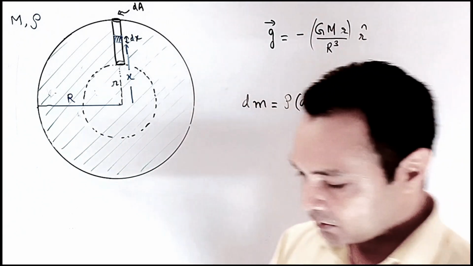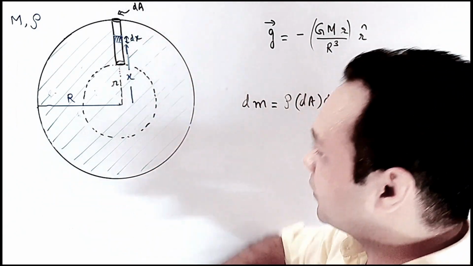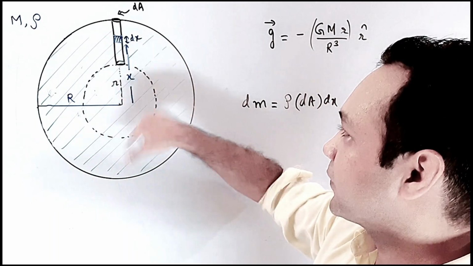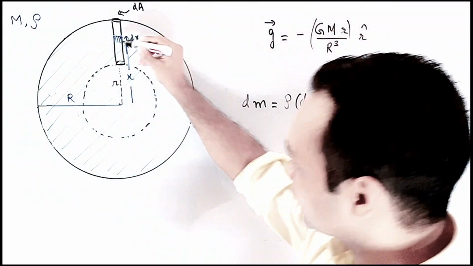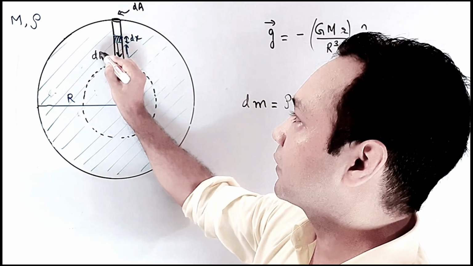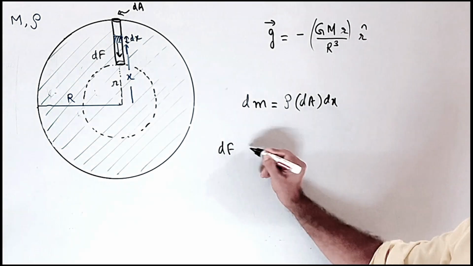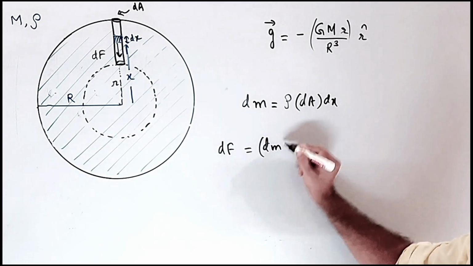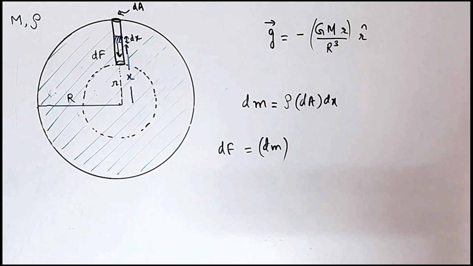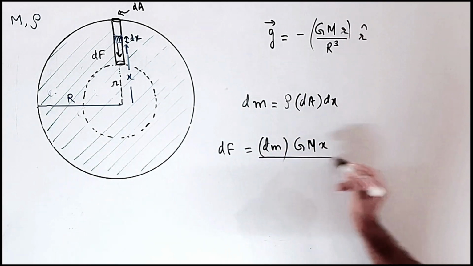So the force on this part, because of this whole central sphere of radius small r, I am writing as dF on the little part of length dx. So dF would be dm into the gravitational field at that location, and that gravitational field is GMx by R cubed.